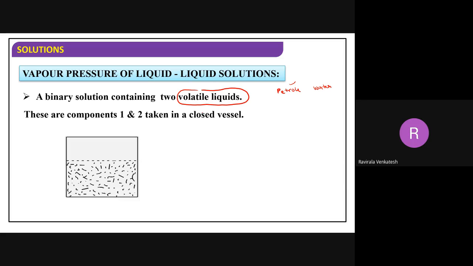Now these are components 1 and 2, both taken in a closed vessel. I have taken two volatile liquids in the closed vessel. Here we have liquid A and liquid B, both are there, since it is a solution. This is the surface area. Here they convert into vapor, and whatever pressure they exhibit, you call that vapor pressure.